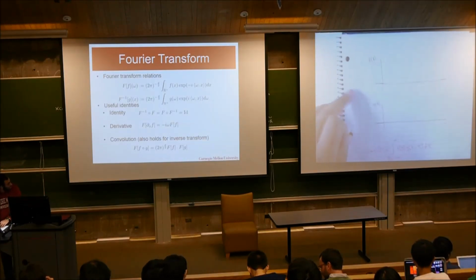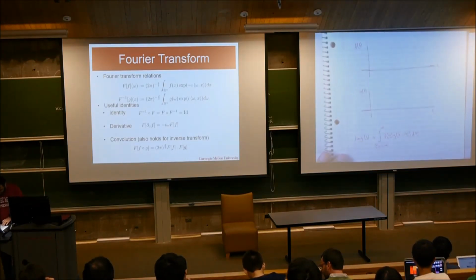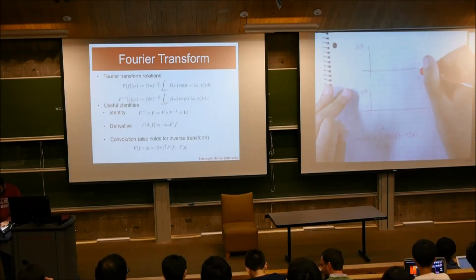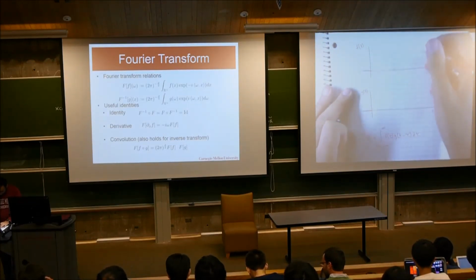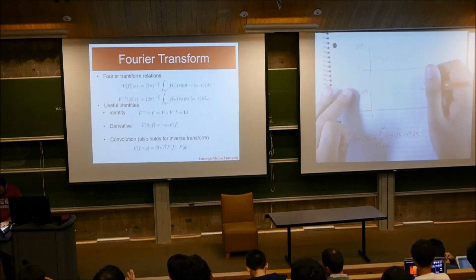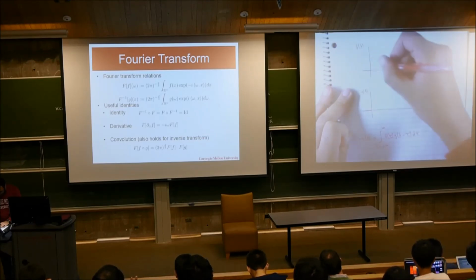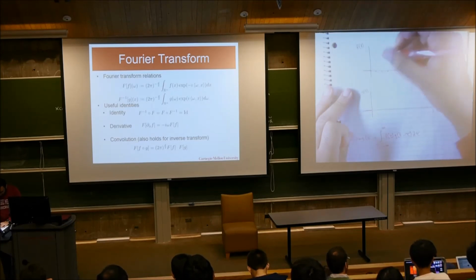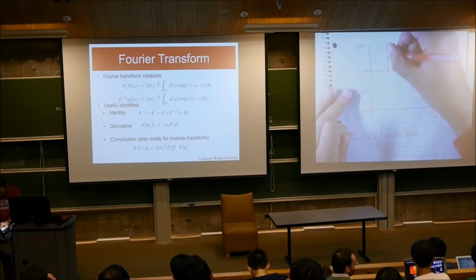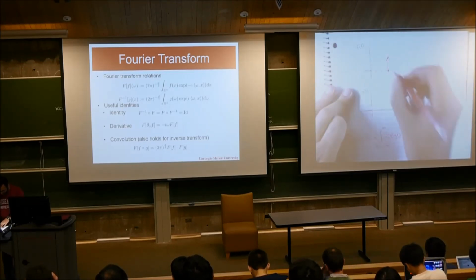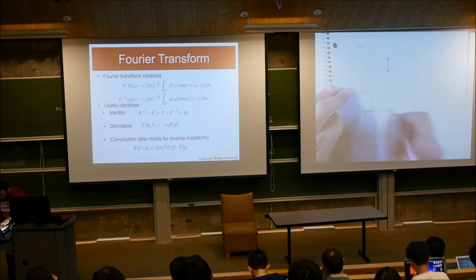But to see what it means, suppose, for example, we have something like this, which is f of t, and this is g of t, just an arbitrary function.